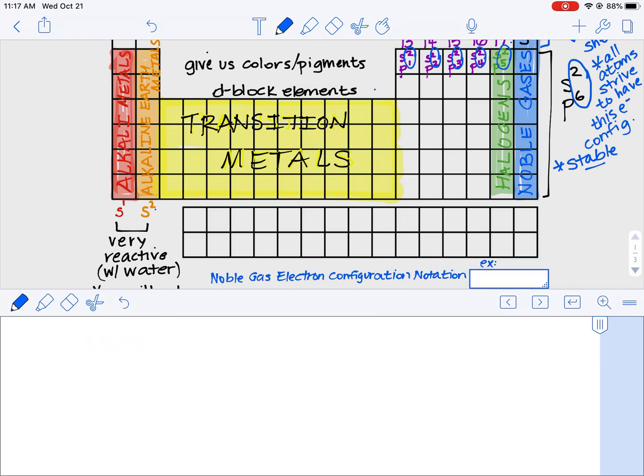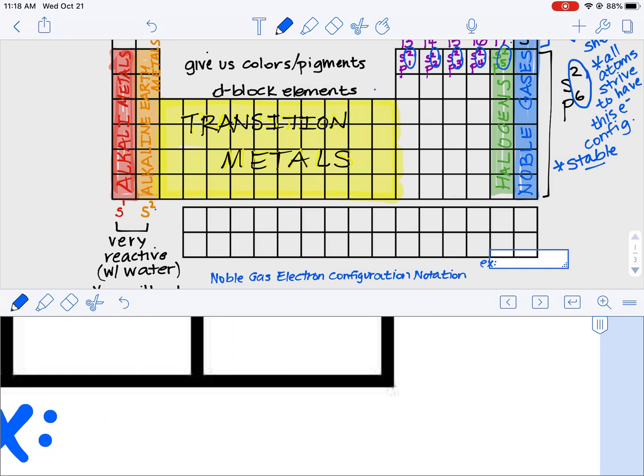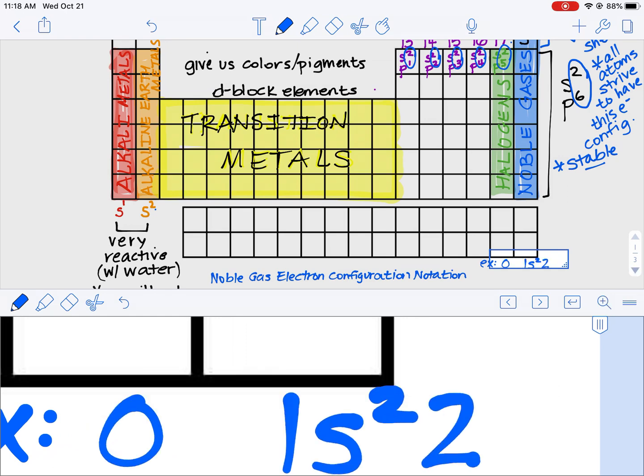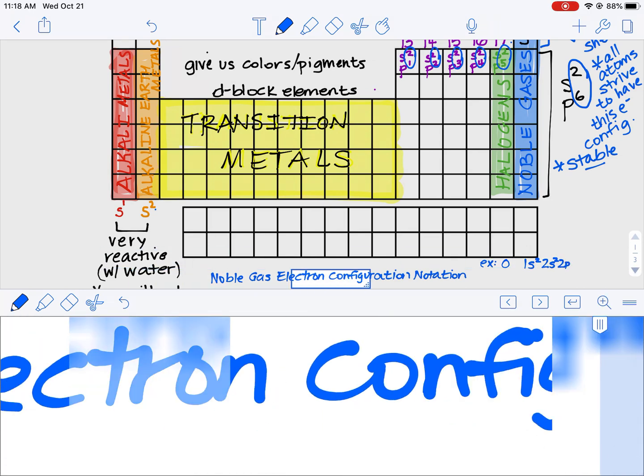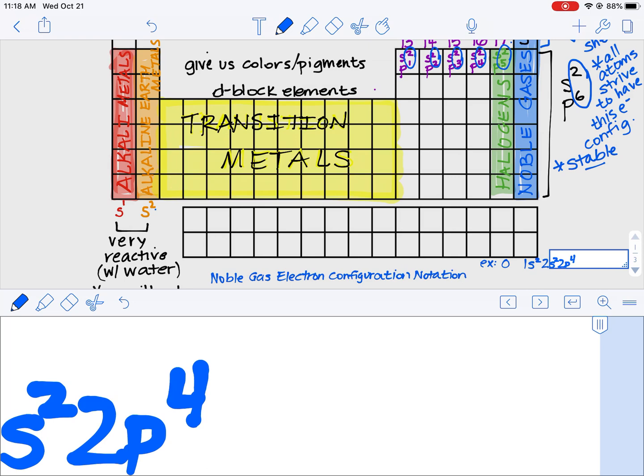Let's say, for example, I wanted to organize oxygen. Oxygen would be 1s2, 2s2, 2p4.